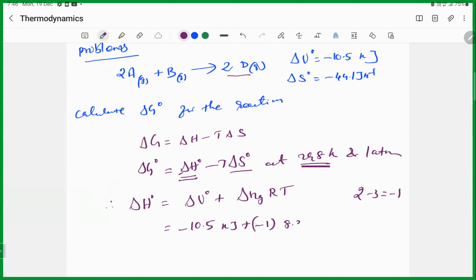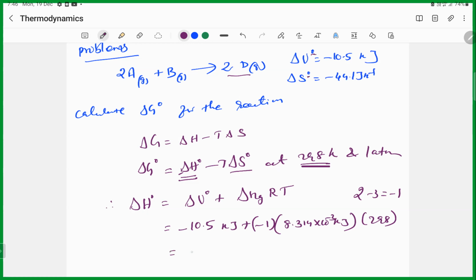What is the value of RT? 8.314 times 10 power minus 3 kilojoule. Then temperature becomes 298. Why have we taken 298? Because they have given the standard. Standard means 298 Kelvin and 1 atmosphere. It is understood.